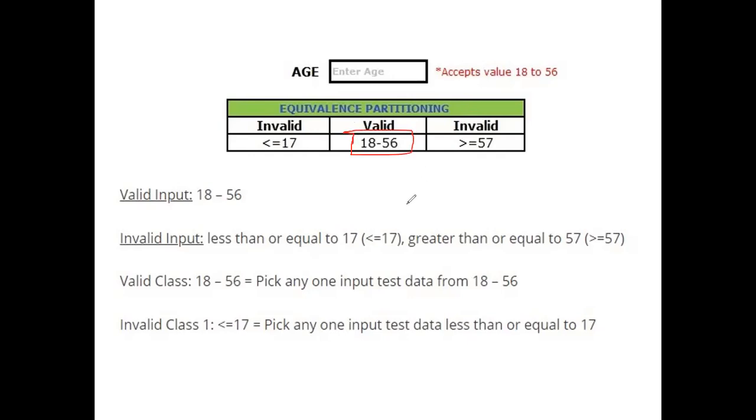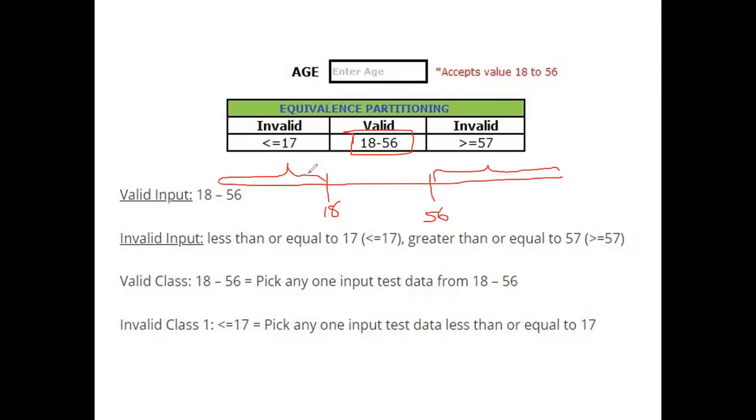Then there are two invalid ranges, two invalid partitions, right? If this is 18, if this is 56, here you can see this range is invalid and also this range is invalid, right?